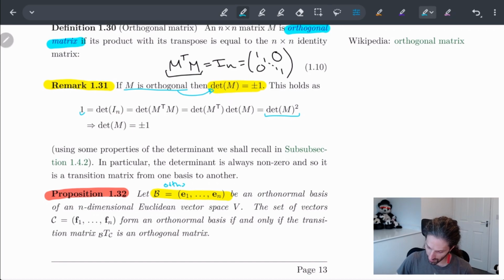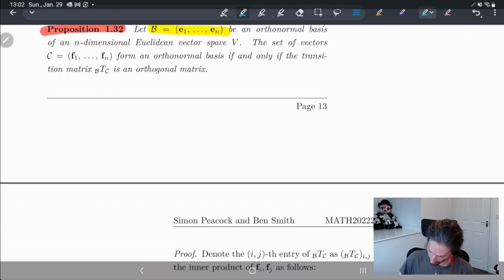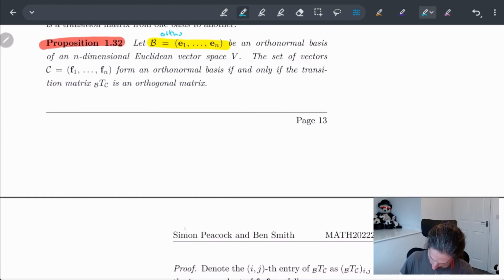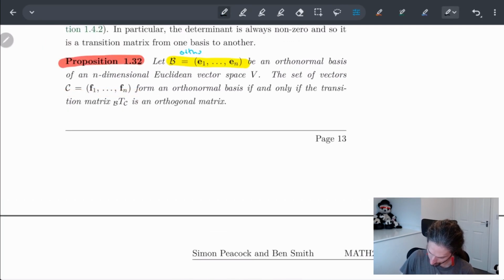And we want to show that C is orthonormal if and only if the transition matrix B to C is an orthogonal matrix.